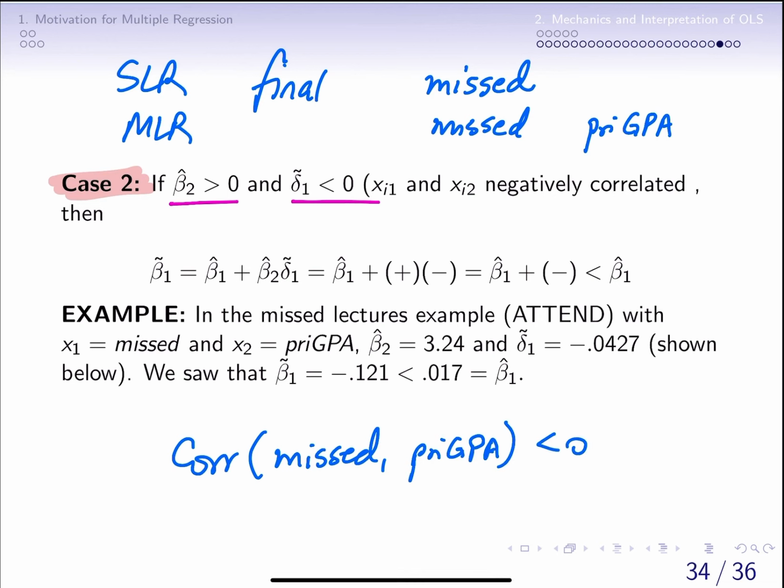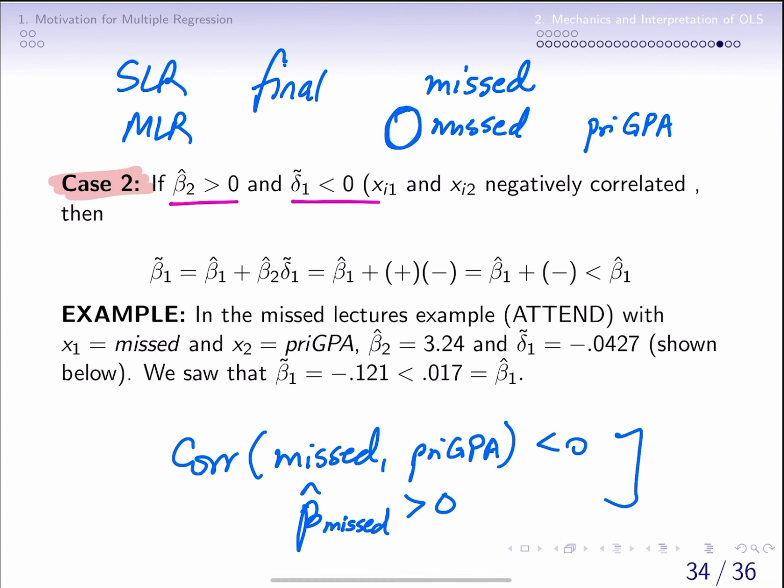But the coefficient on prior GPA in the multiple linear regression case, which is to say that beta hat GPA is greater than 0, right?